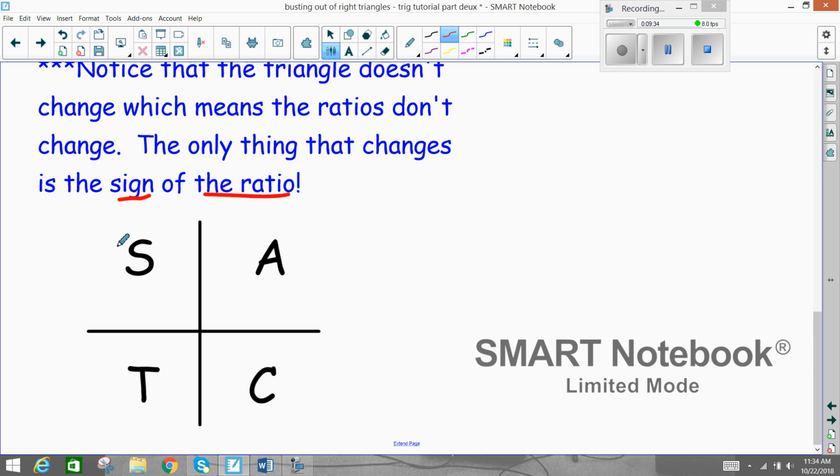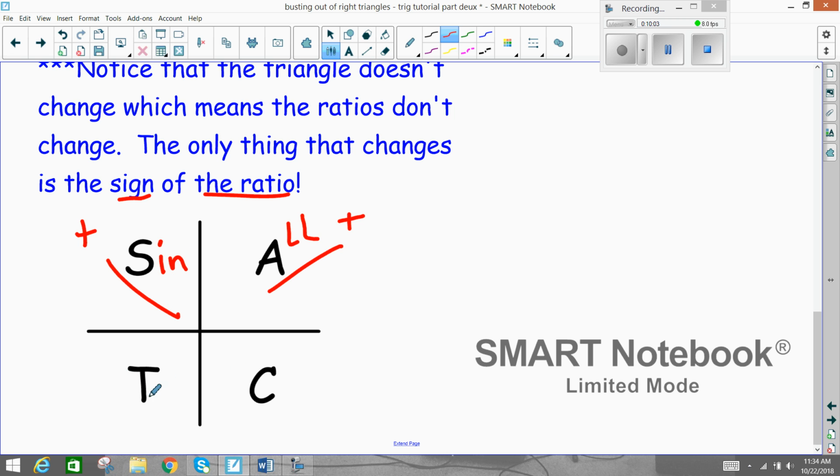Here's a little mnemonic to remember when each of the trig functions, sine, cosine, and tangent, are positive. In the first quadrant, all trig functions are positive. In the second quadrant, sine and its reciprocal are positive. Sine's reciprocal is cosecant, good.